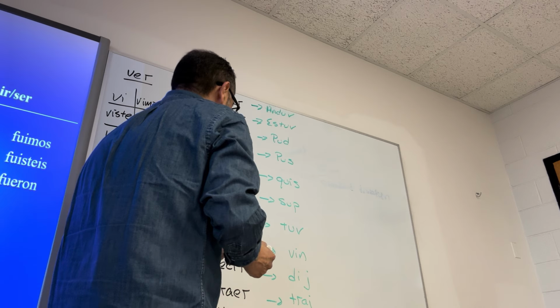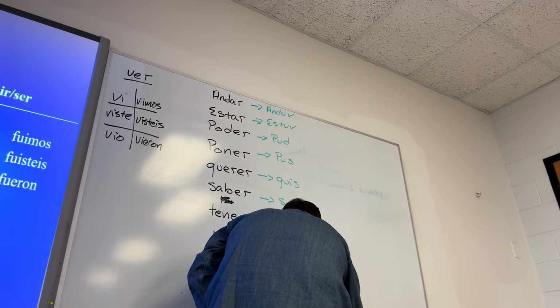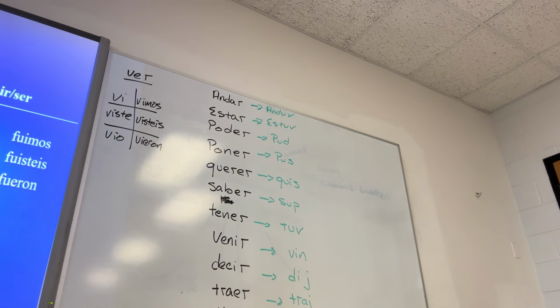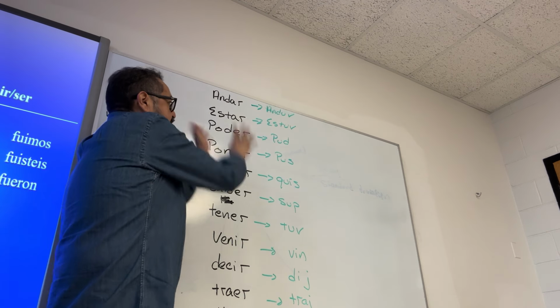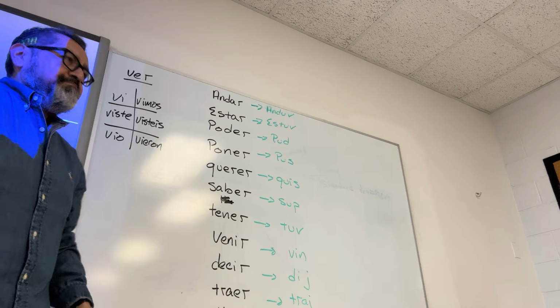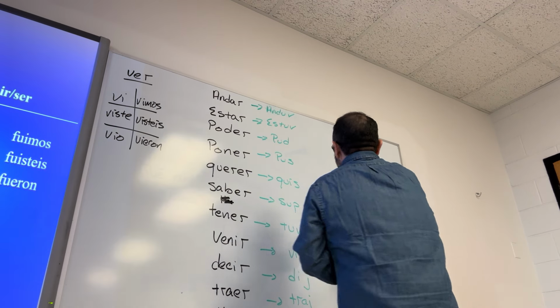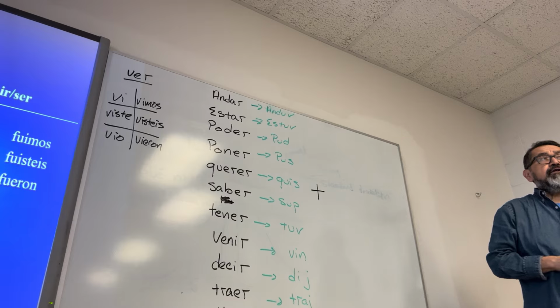And if you're doing a hacer, it becomes hic. So you literally change it completely, like that. Okay? Then you add, and they're all the same endings. Okay?